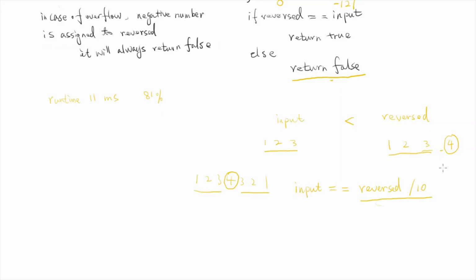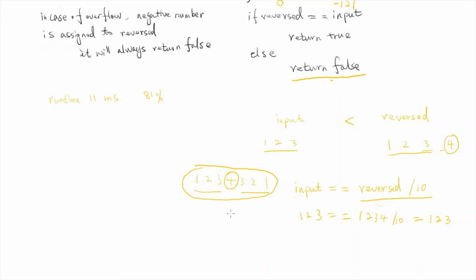This formula will give you 1, 2, 3. And the input is 1, 2, 3. So this integer is a palindrome.